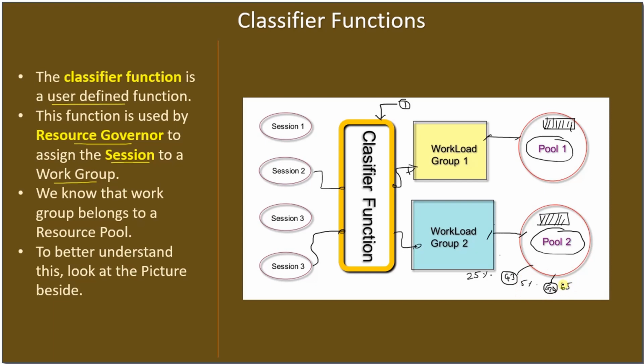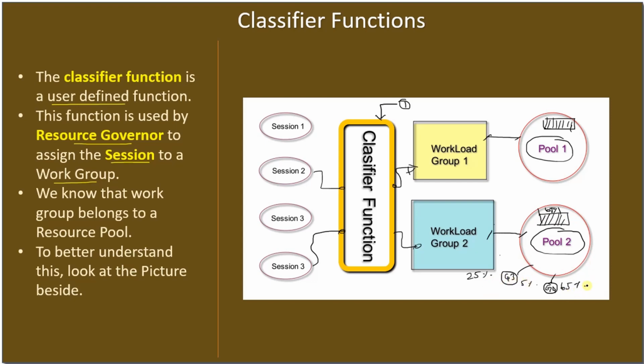That means if there is any long running or heavy duty session that is directed to this G4 by the classifier function, it can claim 65% of CPU from the available pool allocation or pool quota. The remaining groups can claim 25 or 5%.